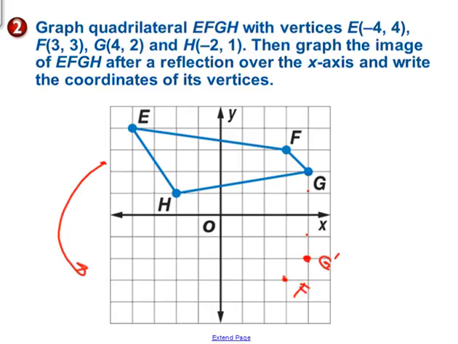Notice I'm keeping my x values the same. I'm just changing to the opposite of the y values. Plus 1 for y, minus 1 for y. Plus 4 for the E here becomes negative 4 for the negative E, or E prime.